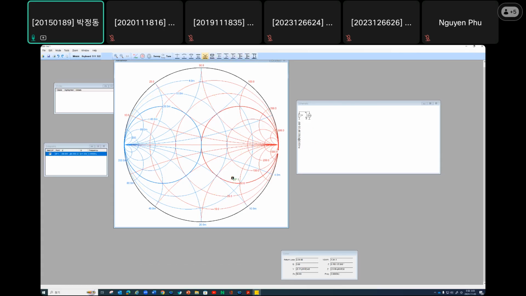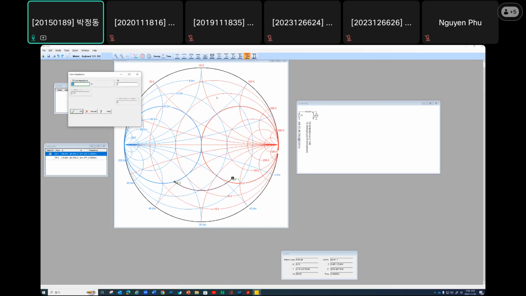So let me just use this. You have to go this part, right? Because this is shunt, I have to choose this short stub, which is going up. So this is the way we achieve a matching.